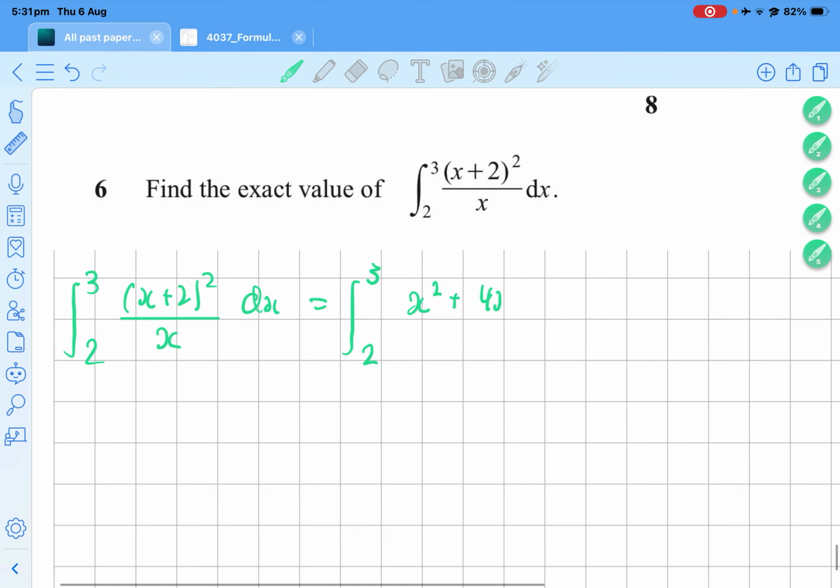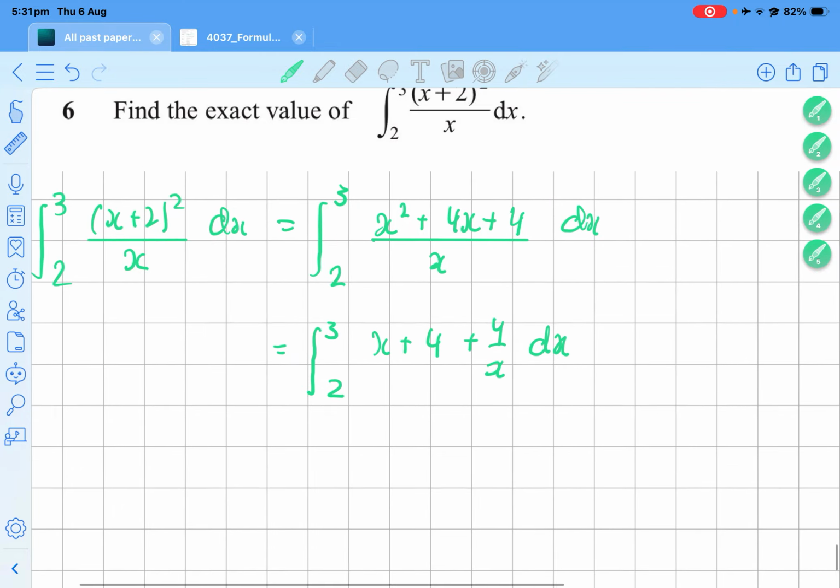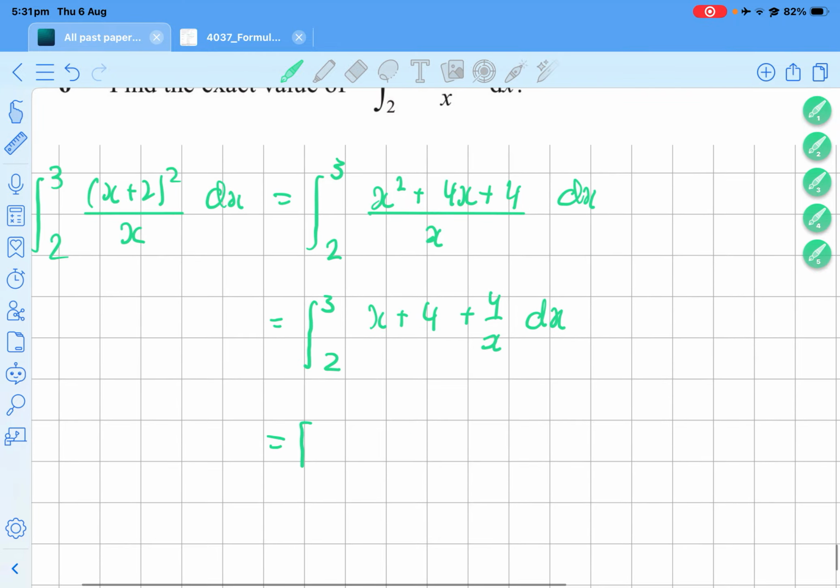This is 4x and 4, divided by x. So 3 over 2x plus 4 plus 4 over x dx. The integral is 3 over 2 x squared plus 4x plus 4 ln x.